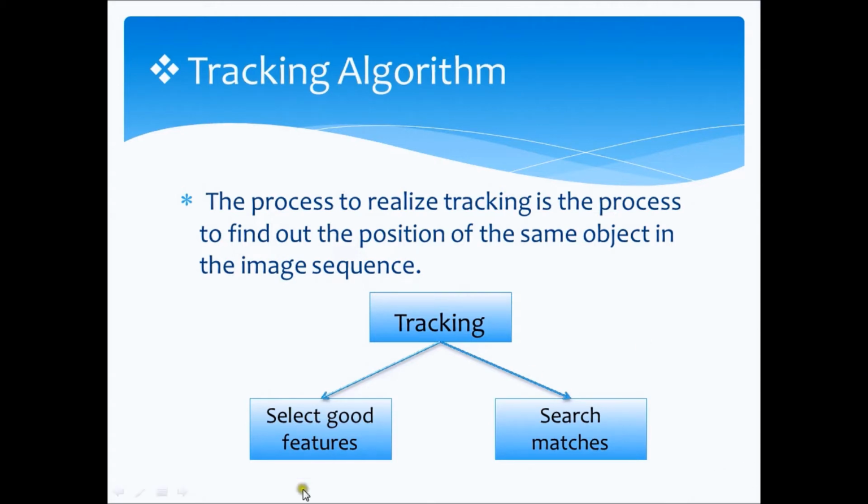The key points in realizing real-time tracking are to first select good features to describe the tracking target, and then to design an optimal algorithm of searching matches.